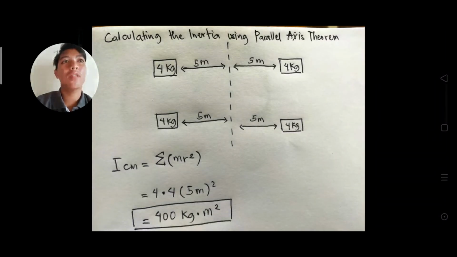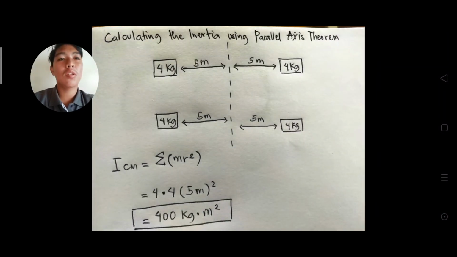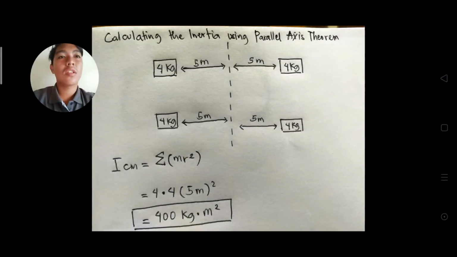The inertia of the system about the center of mass equals the sum of the individual moments of inertia of each block in this system, so the sum of m r squared, equals 4 blocks times 5 meters, the distance of all the blocks from the axis of rotation.